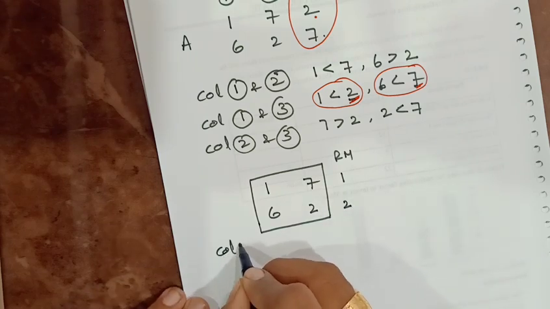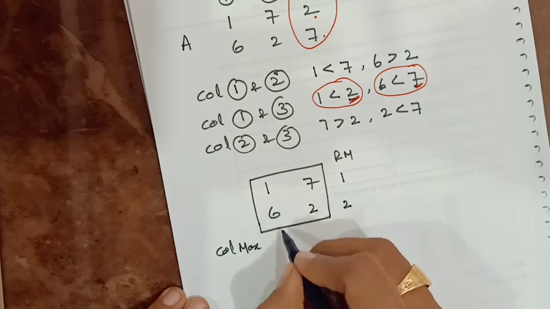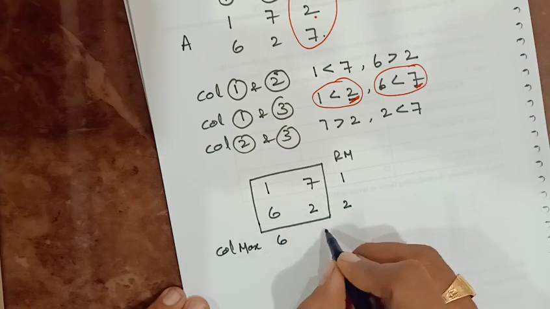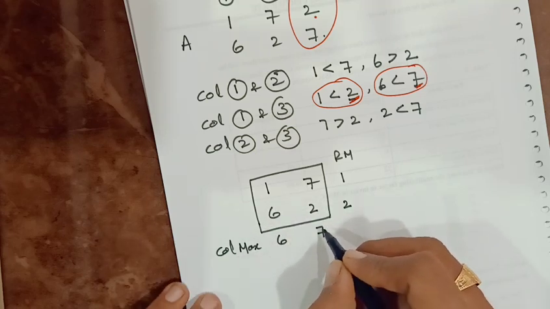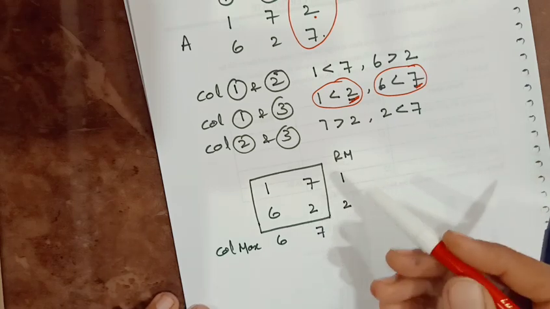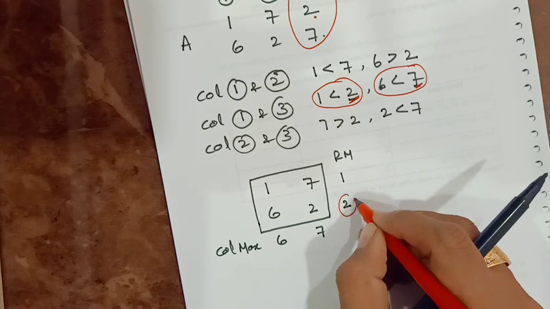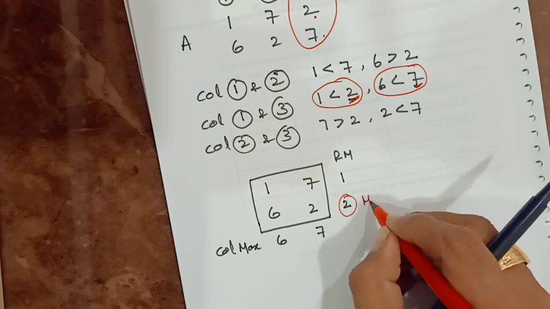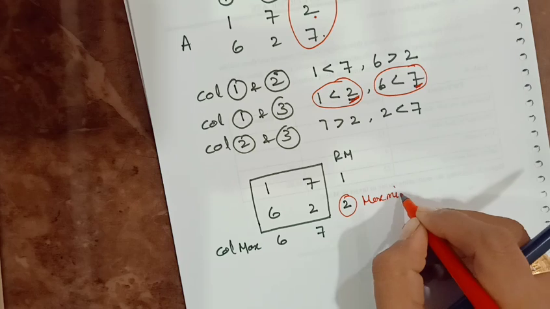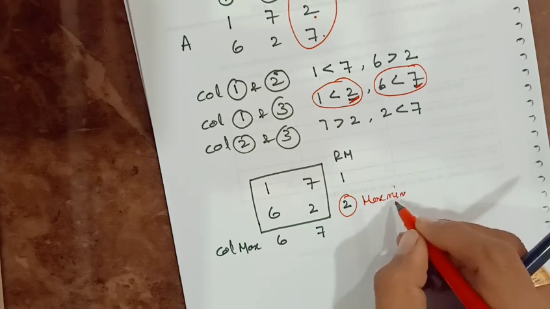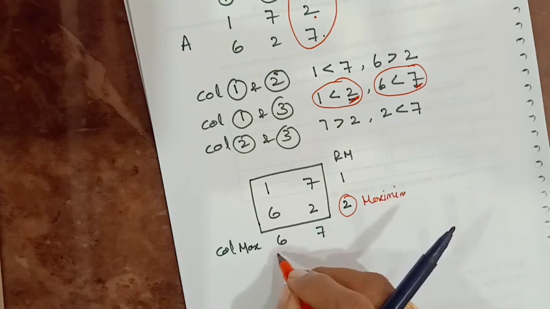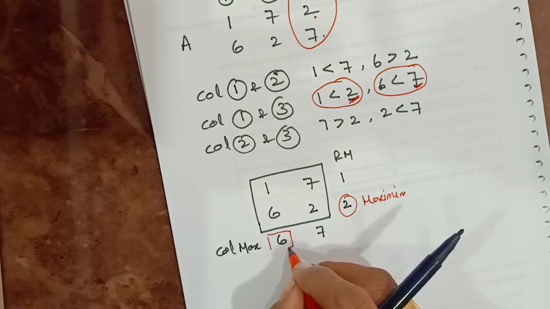The column maximum is 6 and 7. So this will be the maximin, and this one will be the minimax.